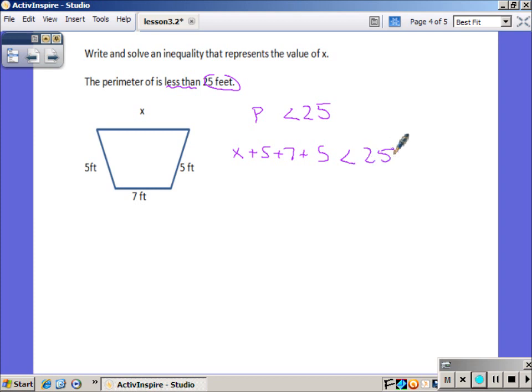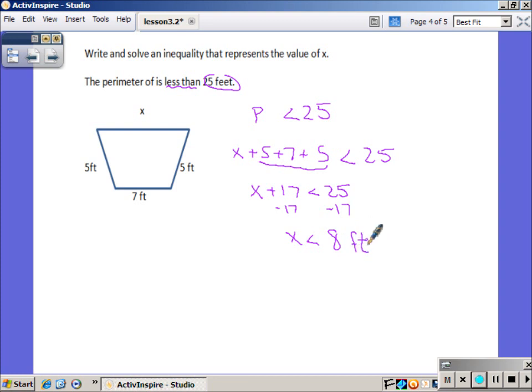Well, combine these like terms here. 5 plus 7, 12, plus 5, 17. To isolate that x, we need to get rid of that plus 17, so I'll do the inverse, which is to subtract the 17. So then I have 25 minus 17, giving me x is less than 8, and label that 8 feet.